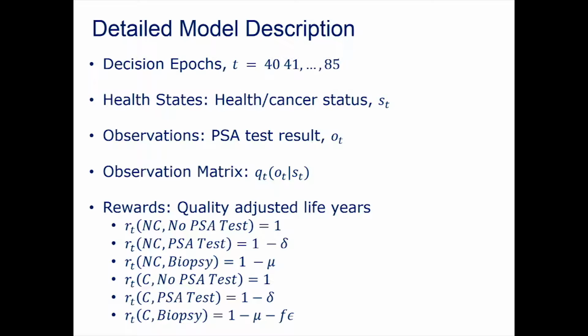If they have a biopsy, it's a little different than for the patient without cancer. Patients with cancer who have a biopsy have the disutility of the biopsy itself. And then, in this case, we're assuming that they're going to get treated if they're detected with cancer. So epsilon is the disutility associated with treatment via prostatectomy, and F is the biopsy sensitivity.